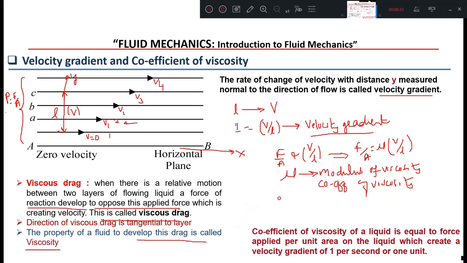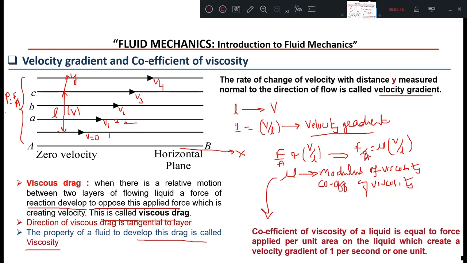So hence, as I mentioned, modulus of viscosity or coefficient of viscosity. So what does it mean? The coefficient of viscosity of a liquid is equal to the force applied per unit area on the liquid, which creates a velocity gradient of 1 per second or 1 unit.